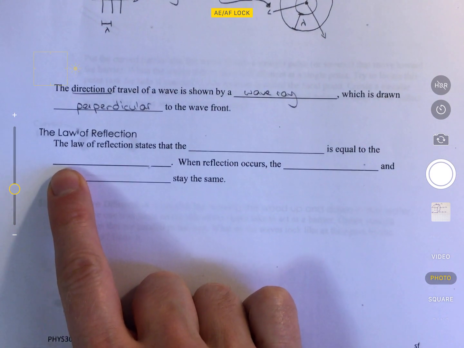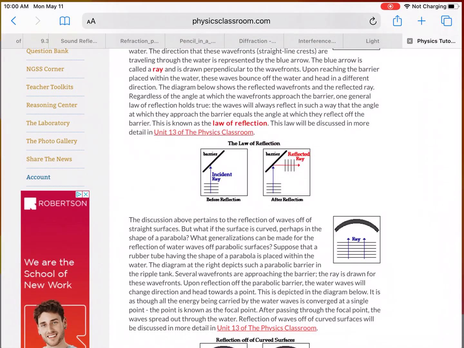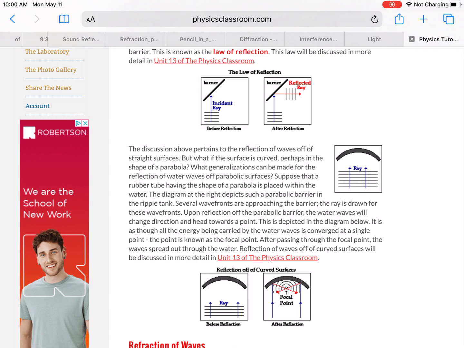The law of reflection. The law of reflection states that the angle of incidence, and actually, before I go into that, let me go back to the pictures here. We have what we call an incident ray, and the incident ray is the ray that approaches a barrier, and then we have a reflected ray, and the reflected ray is the ray that comes off of the barrier. We also could use a refracted ray, and we will get into that in a second.